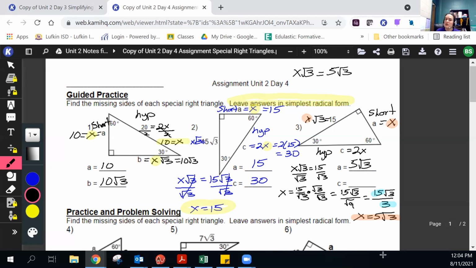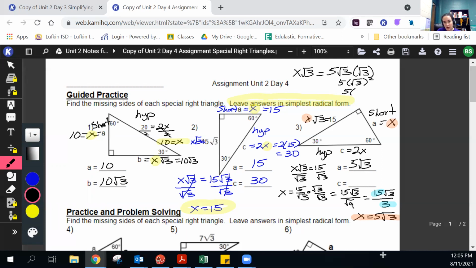Now, some of you are going to want to tell me that's my answer. It's not. This is just x. We need to put that other square root of 3 right behind it, and then we need to multiply. So this is saying 5 times the square root of 3 times the square root of 3, or 5 times the square root of 3 squared. And remember, we've talked about this, that squaring and square rooting are opposites.